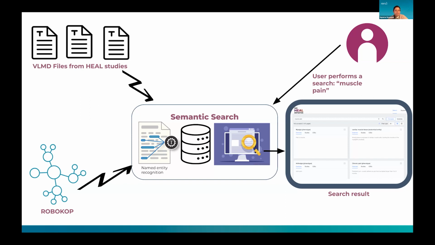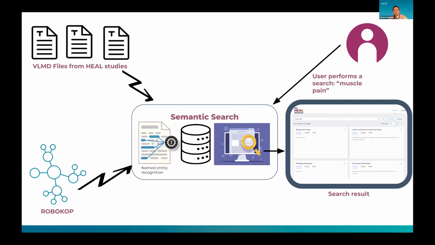And it uses the Robocop knowledge graph. Now, using these two sources of information, what DUG does is look for concepts and their synonyms in the variable level metadata or VLMD files that we obtain from the HEAL studies. And once it is able to find the biomedical concepts, it annotates this information and stores it internally in a database.